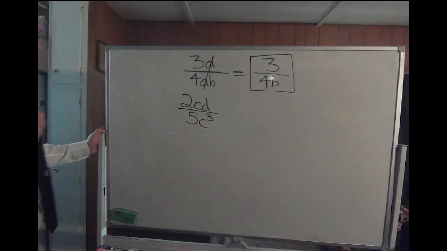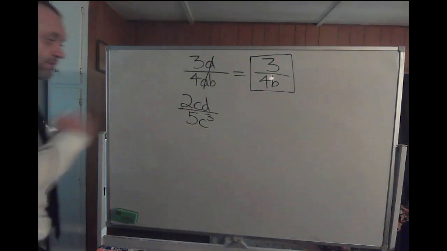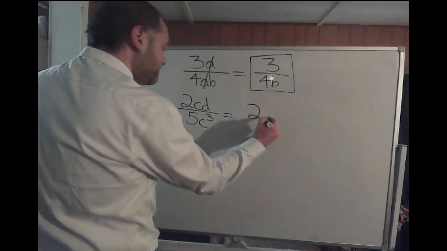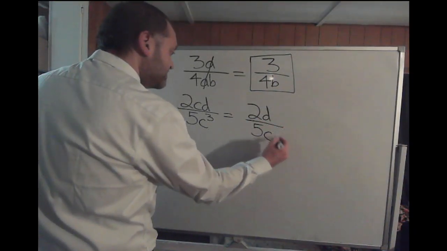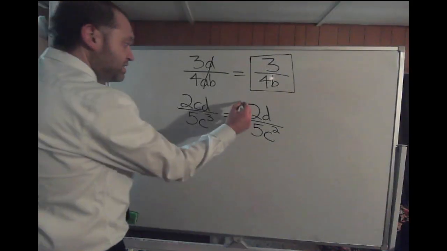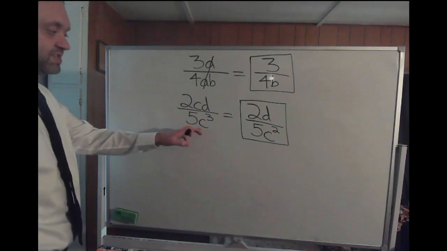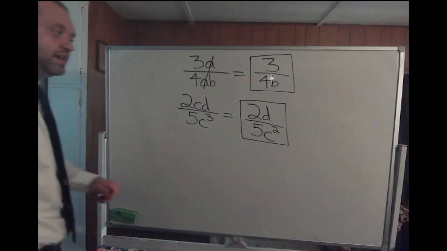Well, since the greater power is in the denominator, we just subtract the power of the numerator from it. This will all end up in the ratio of 2d to 5 over c to the second. That would end up being the ratio of 2cd to 5c to the third would reduce to the ratio of 2d to 5c to the second.